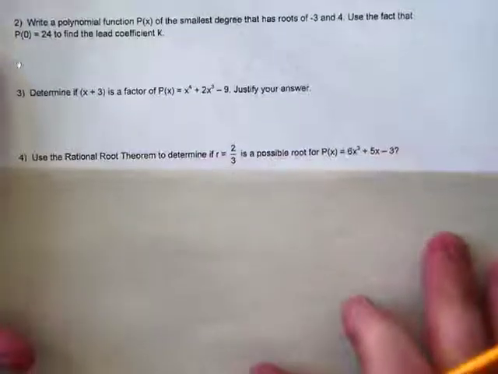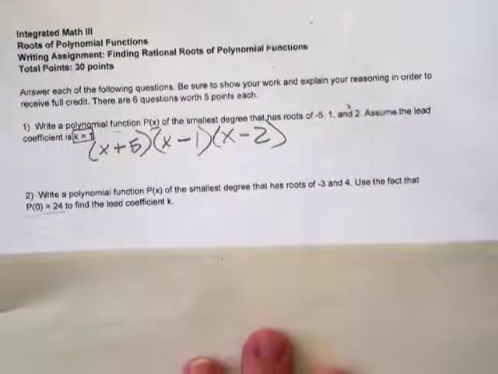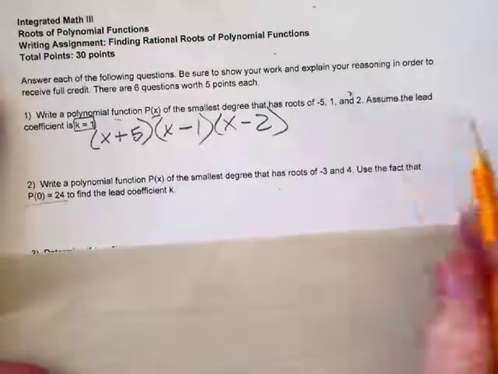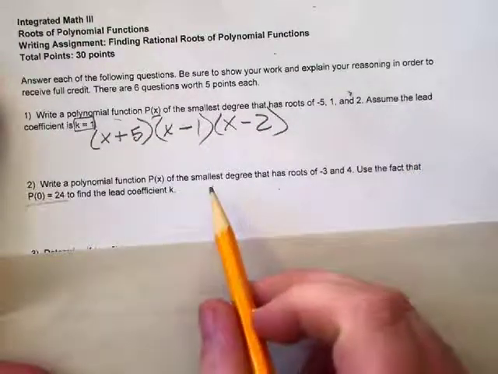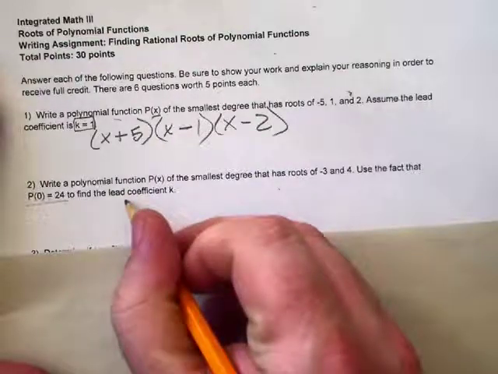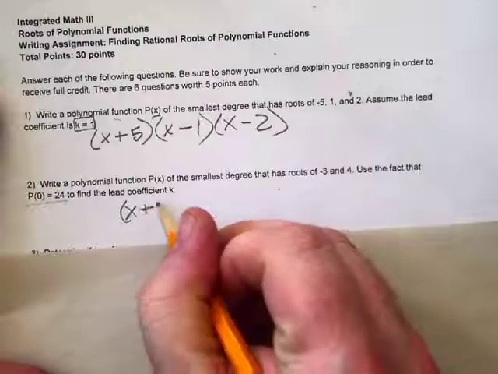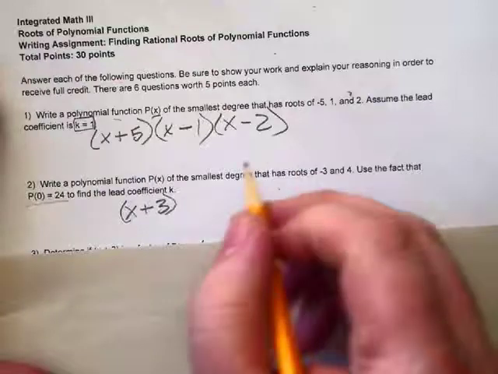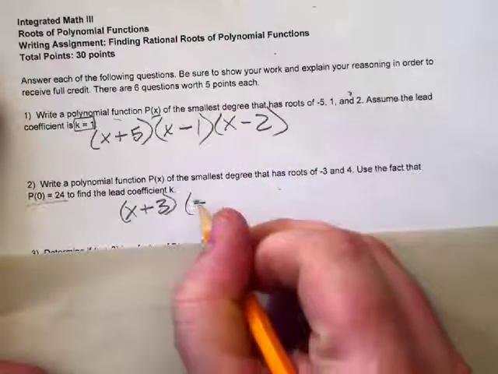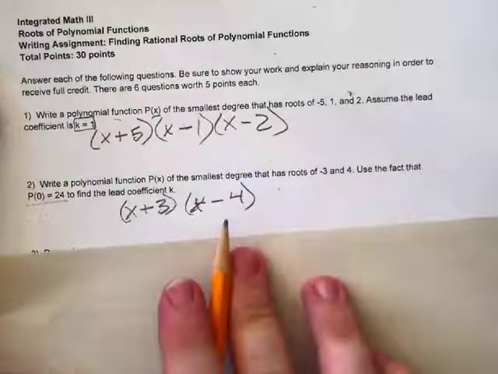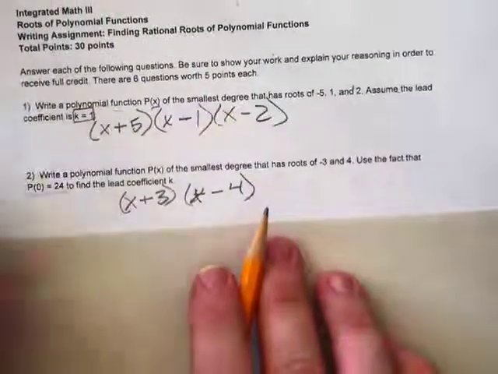So let's look at another one. Write a polynomial function of the smallest degree that has roots of negative 3 and 4. If we have negative 3, that would become x plus 3, and x minus 4, because we do the opposite to make sure they stay equal to 0. Minus 4, because positive 4 and negative 4 equals 0. Let's multiply those together.